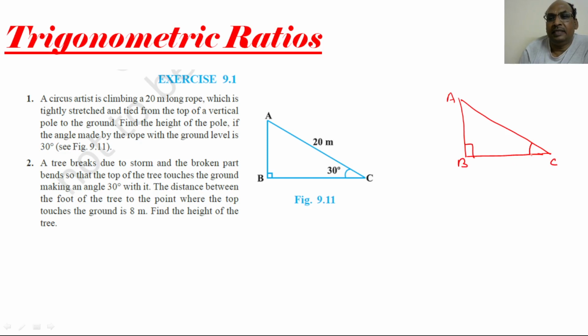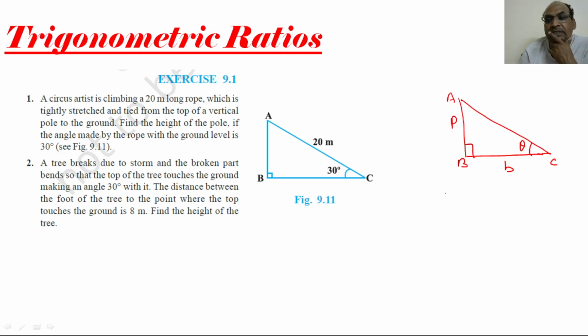Suppose we take this angle C, then its opposite is AB, which is called the perpendicular, and its adjacent is side BC. Suppose we take this angle as theta. So the opposite of angle theta is side AB, the perpendicular, and the adjacent of angle theta is BC, which is called the base.